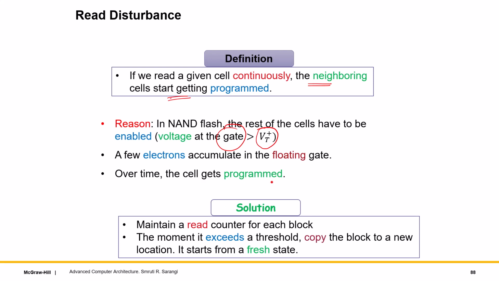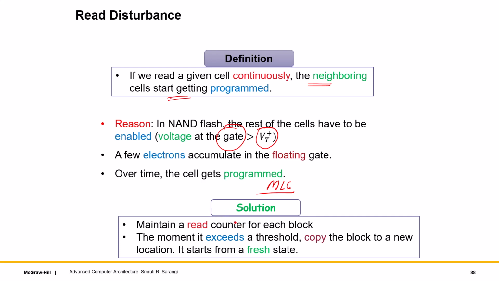This causes a lot of issues in multi-level flash, known as MLC flash drives. MLC stands for multi-level cell, where, as we discussed, we store multiple voltage levels, not just binary but more than binary. This again increases the storage density.